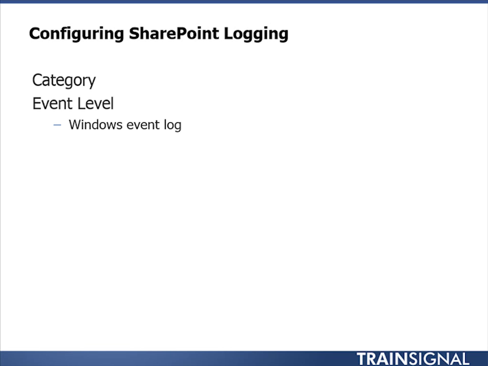I just want to see the SharePoint ones. So generally speaking, I try to avoid writing out to the Windows event log, and instead focus my attention on the trace level, which is going to put it out to the SharePoint log. And then by using the SharePoint log, it becomes a bit easier for me to track down where the actual error has occurred.